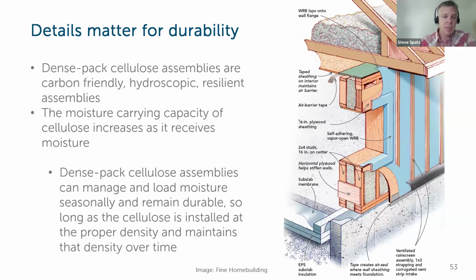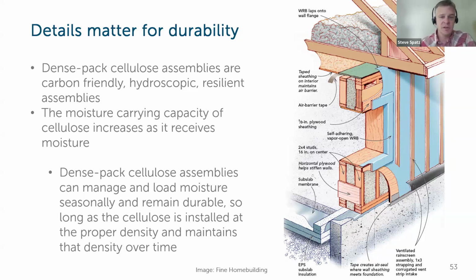So one of the benefits of using dense packed cellulose in a double stud wall assembly is that these types of assemblies can manage and load moisture, and quite a bit of it, season over season, and still remain dry and durable over time. So cellulose has a high capacity for loading moisture, but then diffusing that moisture throughout the material, and then a high capacity for drying season over season.